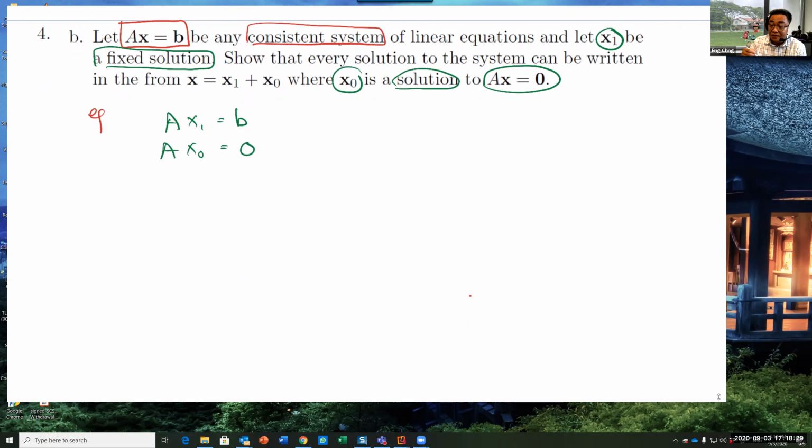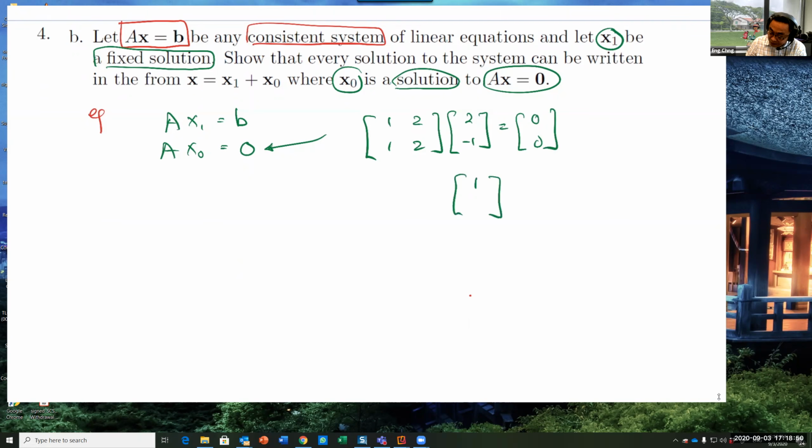So always in my mind, I need to figure out when this is true. After a while, you realize that I only gave you a single example, and the single example is 2, minus 1 equals 0, 0. If you're not happy with this, I can give you another number, 1, and then this one will be, I guess, minus half. And if you're not happy with that, you can get another number, for example minus 1, and I guess this one will be plus half.